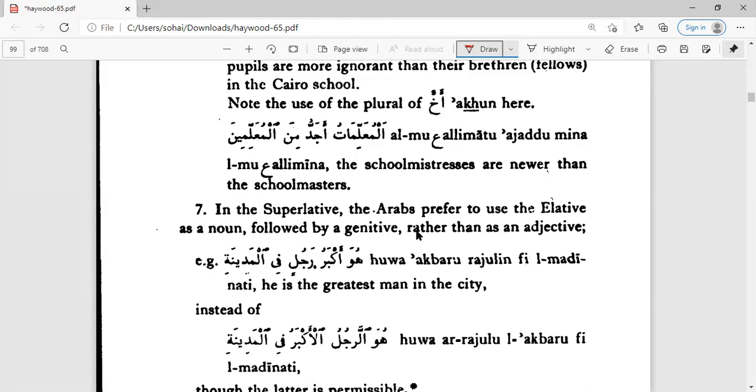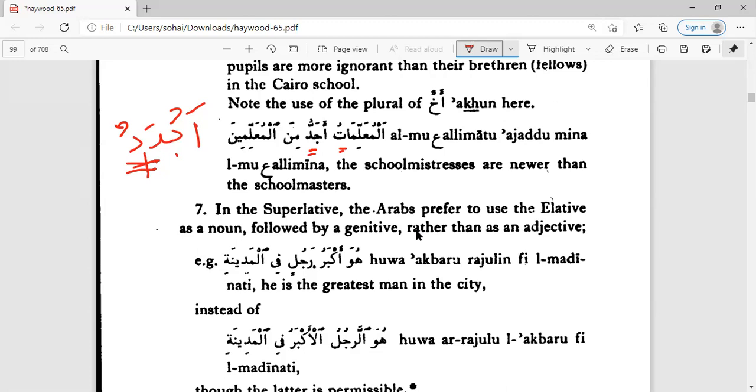Okay. Also, al-muallimatu ajaddu. It would have been ajdadu. But we mentioned earlier that it becomes ajaddu because the second and third root letters are the same, so it becomes ajaddu. Al-muallimatu, again, is feminine plural. We just use masculine singular here, ajaddu. Min al-muallimina.